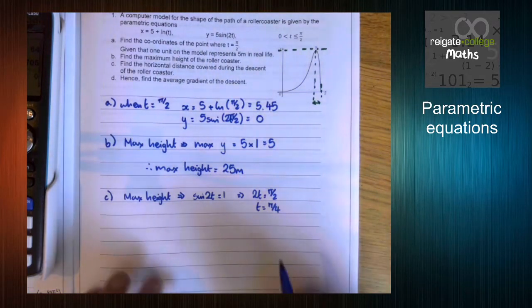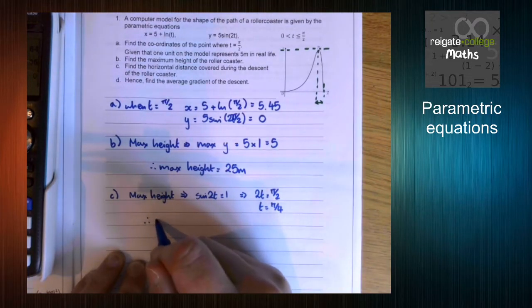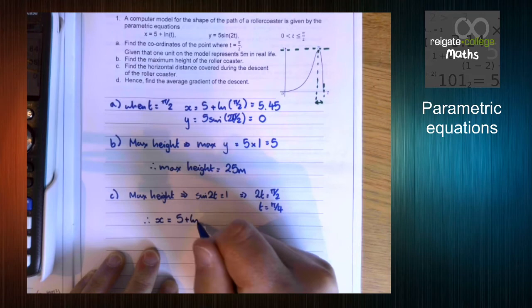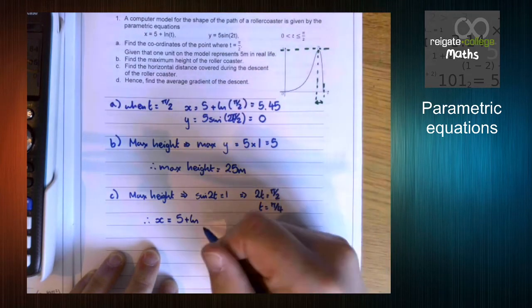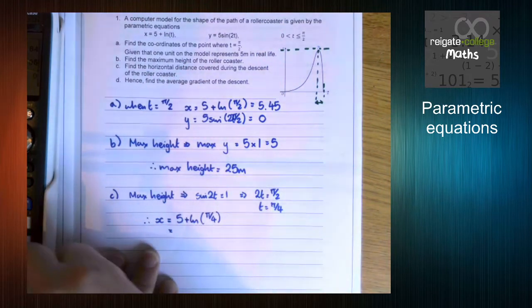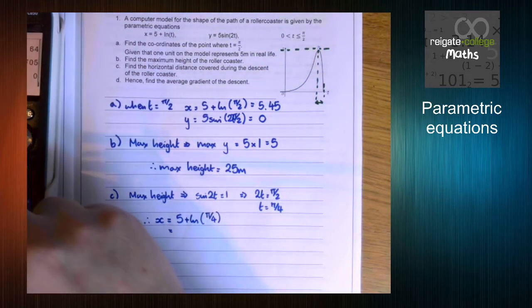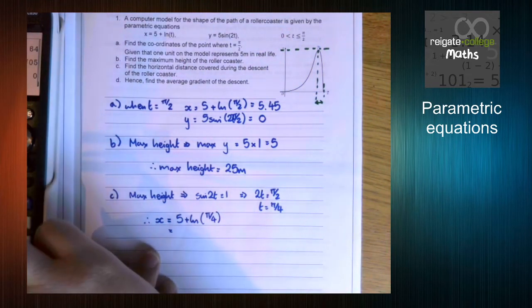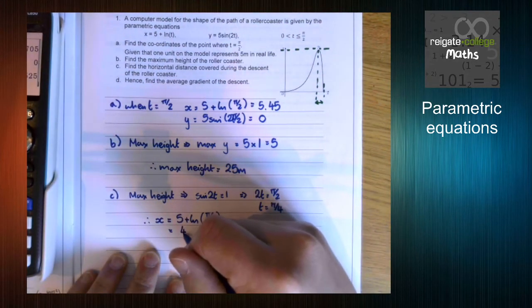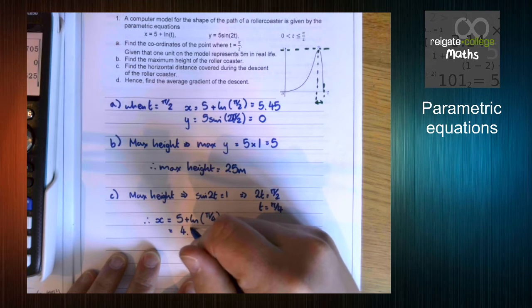But anyway, therefore x is 5 plus ln pi over 4, which is again going to be a very unpleasant number, 4.758.